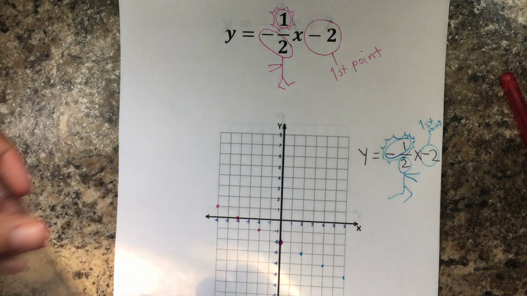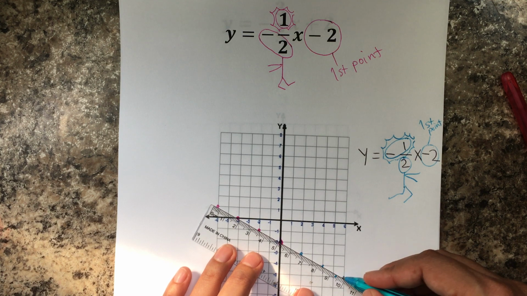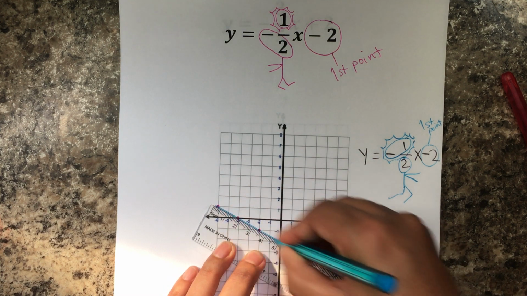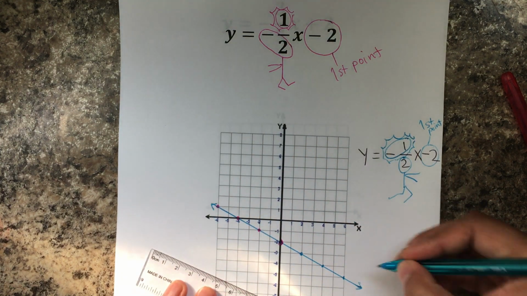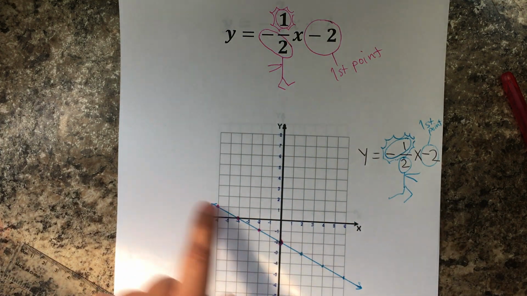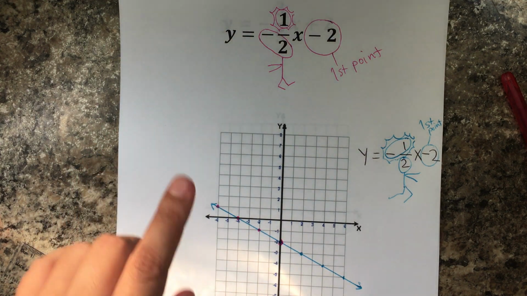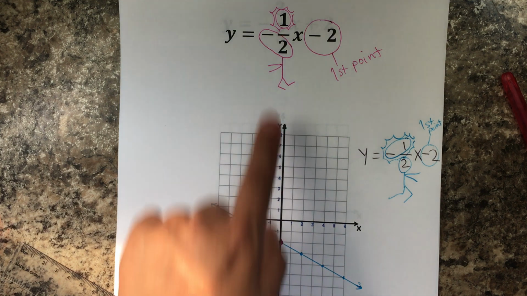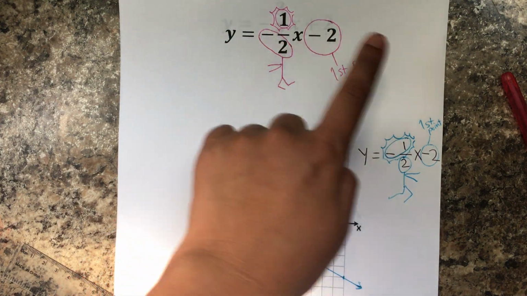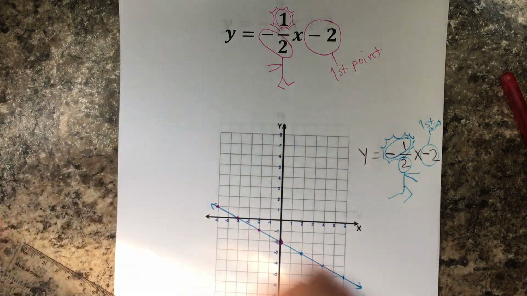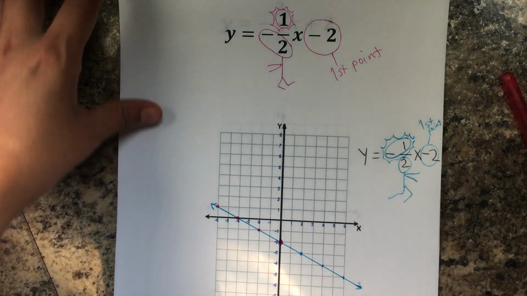Notice how I'm going to get different points, but at the same time, I'm still gonna get the same line. So this is not about the points, but rather the direction of the line. That's what matters. If you decide to give the negative to the 1, that's okay, or you can give it to the 2, it's okay. You still get the same line. Remember, we're graphing the line. The points are just there to guide us.